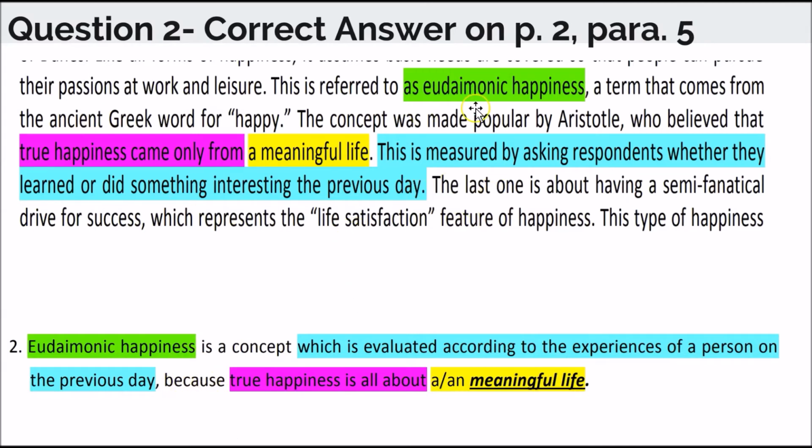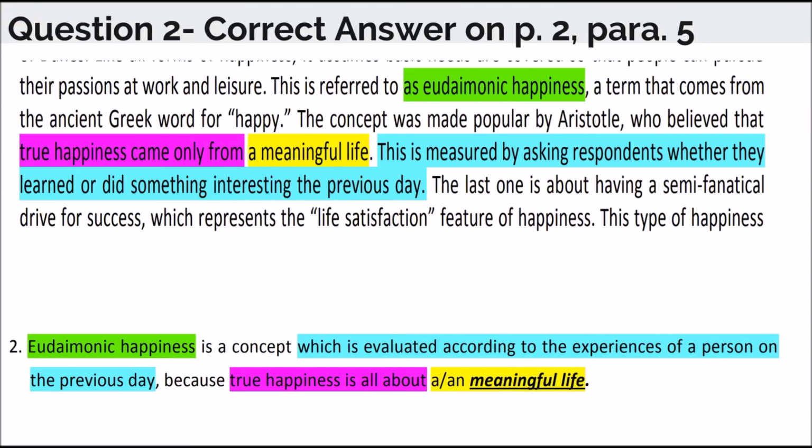In the original text, we are given the information that the concept was made popular by Aristotle, and he believed that true happiness came only from a meaningful life. And you can easily find the information here that this is the reason, because true happiness is all about a meaningful life. So "meaningful life" is the correct answer for us.